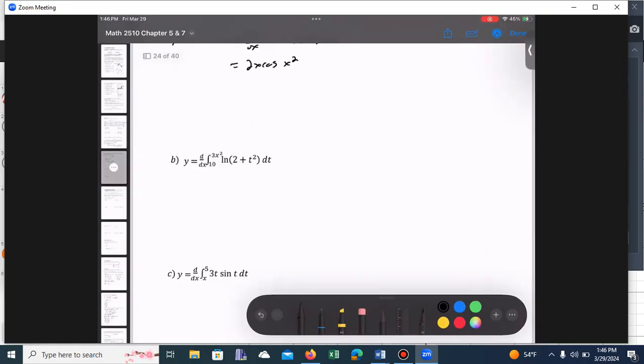Next one, we'll let u equal 3x squared, so du equals 6x.